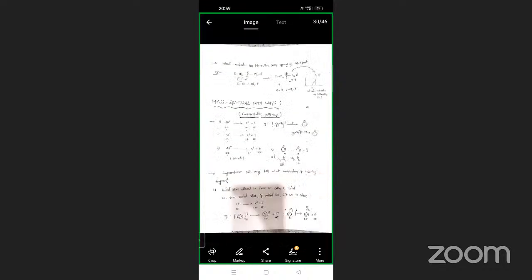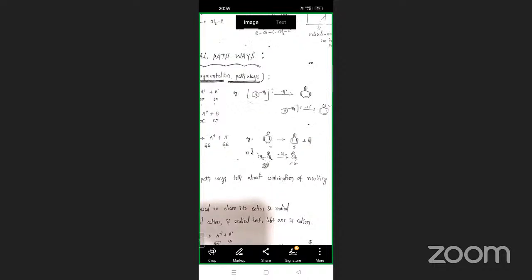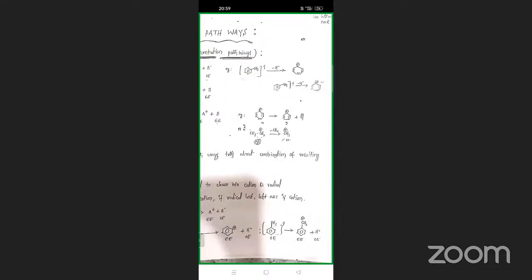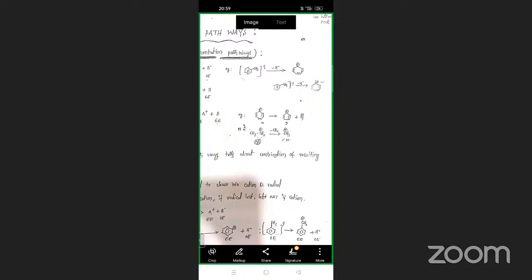A hydrogen free radical is an odd-electron species. So we get the phenyl cation with an even electron count and a hydrogen free radical.